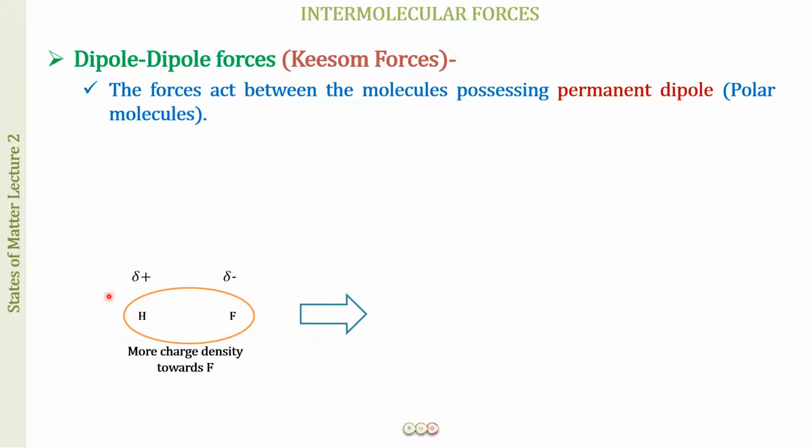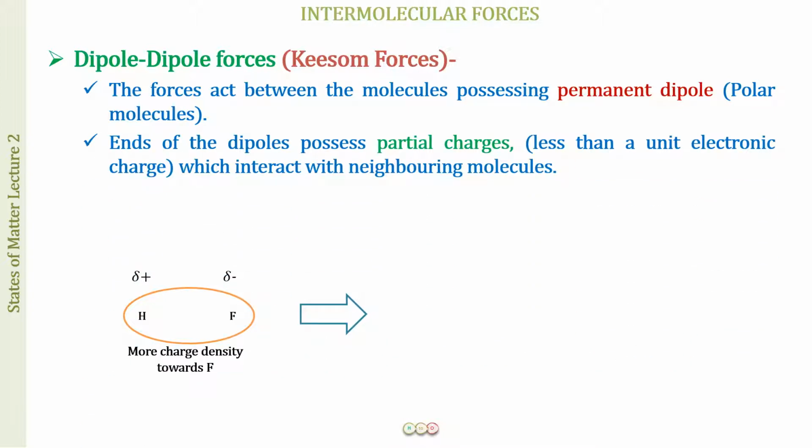And then one more important thing that you have to always remember is that this is a partial charge that is present on the fluorine end, and a partial positive charge on the hydrogen. It is not a complete charge. So the complete charge, when there is a complete transfer of one electron, say from hydrogen to fluorine, had that been there, the charge would have been 1.6 into 10 power minus 19 coulomb.